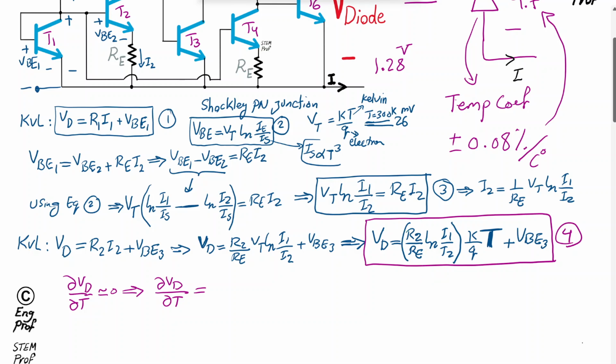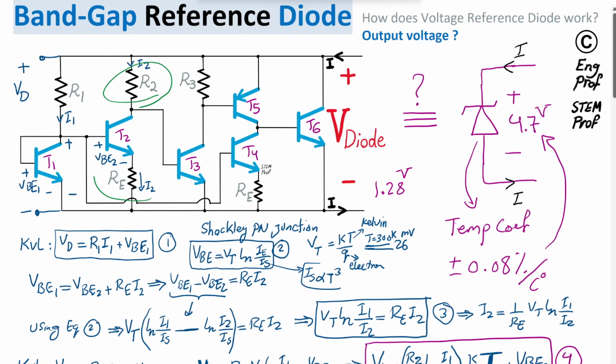R2 over RE, the same thing. See, R2 is here, RE is here, on the collector and emitter sides of transistor T2. It can be designed, especially in an integrated circuit inside a chip, or even if you're using very close resistors, we can place them in a way that whatever change they have, let's say this one is changing with temperature increasing, we can design them in a way that they experience the same rate.